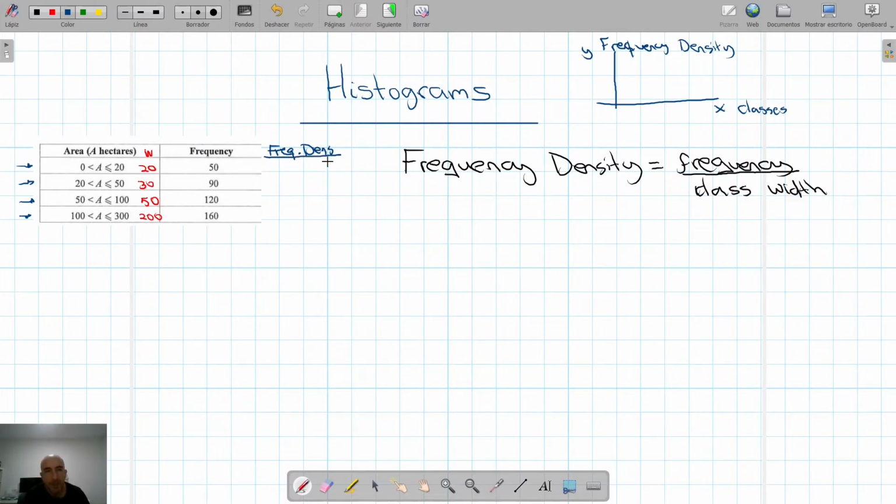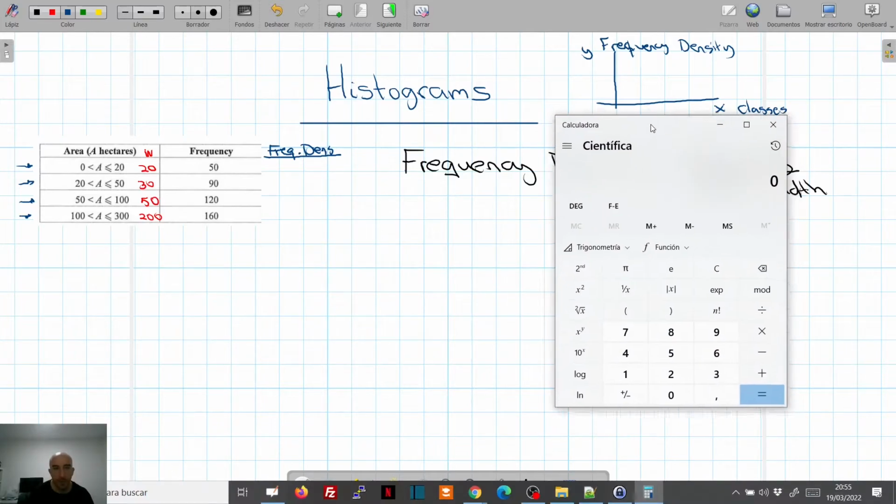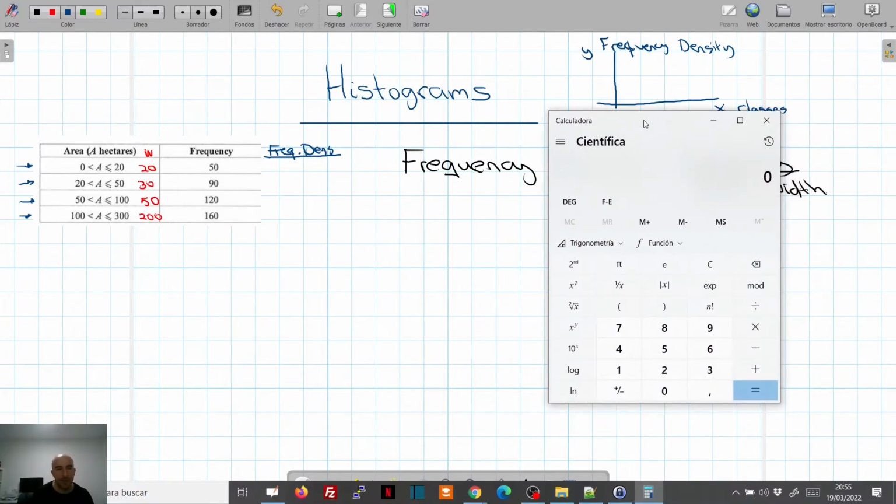Okay, so we said that frequency density is frequency divided by class width. On the first one, frequency is 50 divided by 20, so you have 2.5.